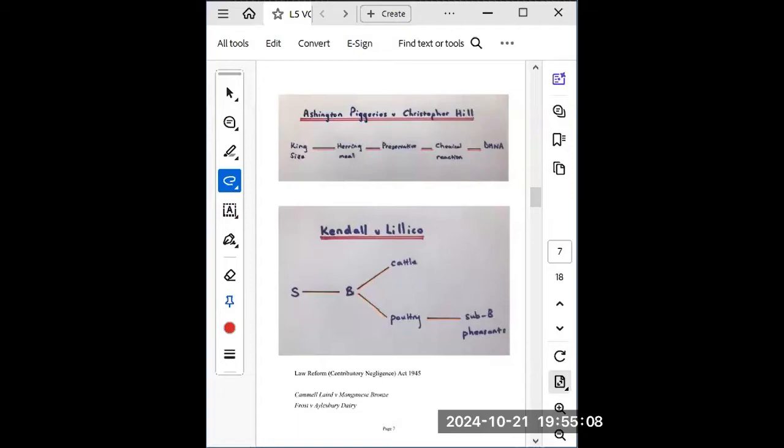The seller is deemed to have asserted that the extract was suitable for cattle and poultry, and the buyer did rely on the seller to supply goods fit for this purpose. That's why there was a breach of 14.3.